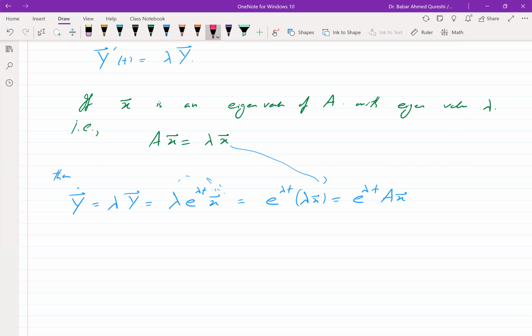So that means I will have A times e to the lambda t x, and this thing is y, so A y, and this was my starting equation. That means y is a solution.